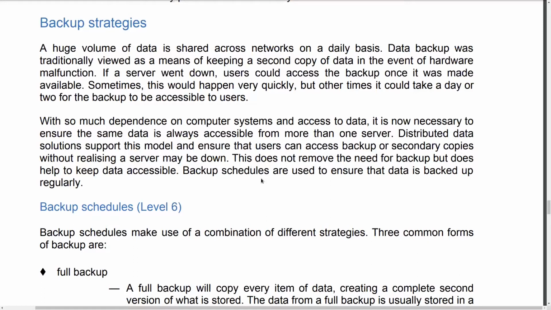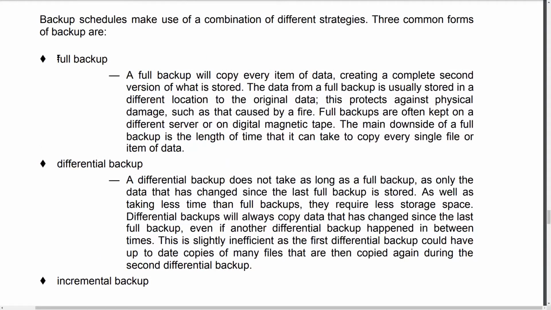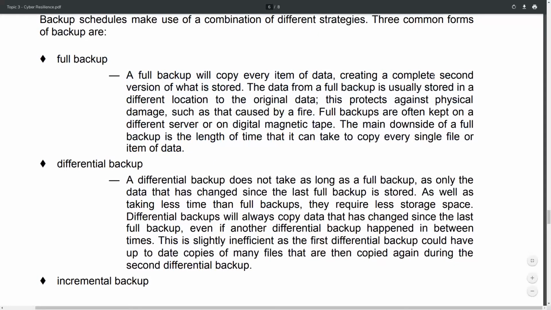Now, there are different types of backups, and the types of backups that this course wants you to know about are these three. So the easiest one is a full backup, okay? And this just means you take a complete second copy of everything you've got.